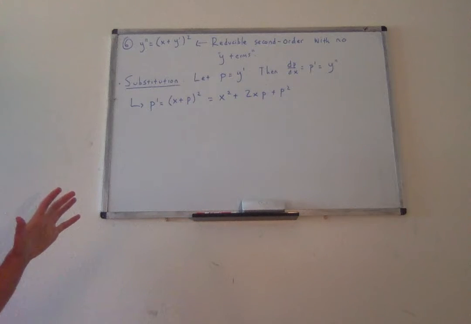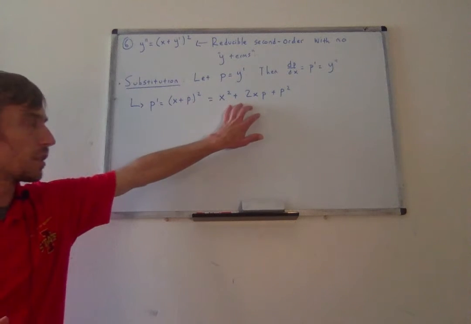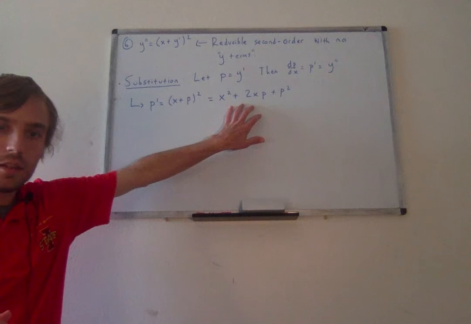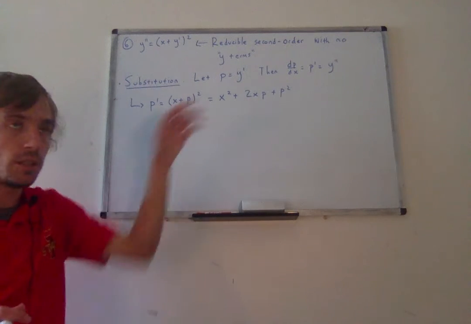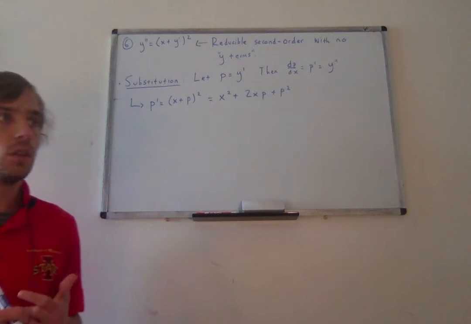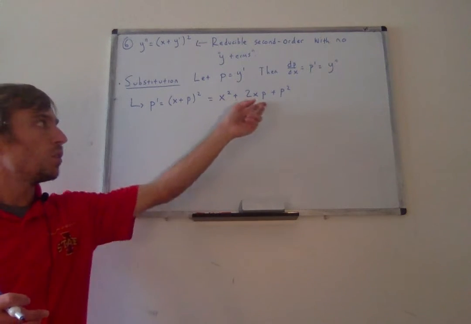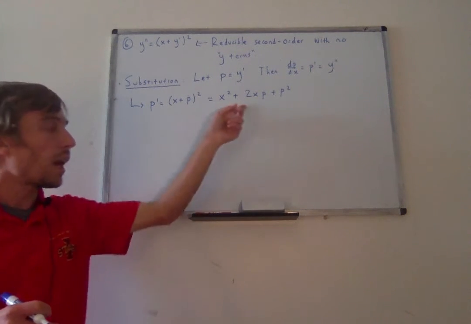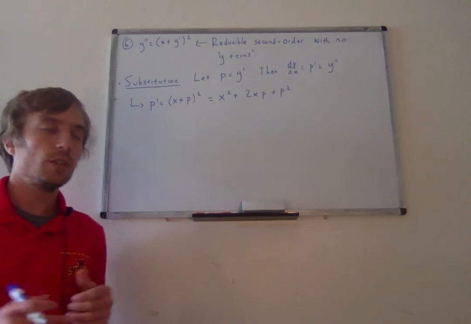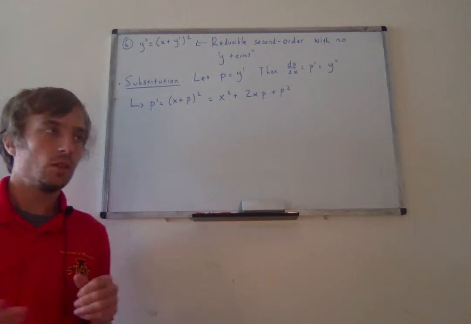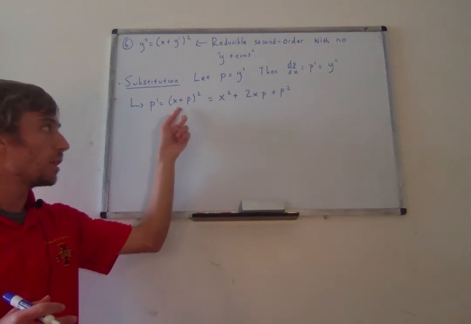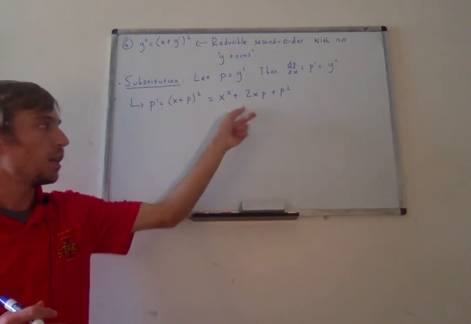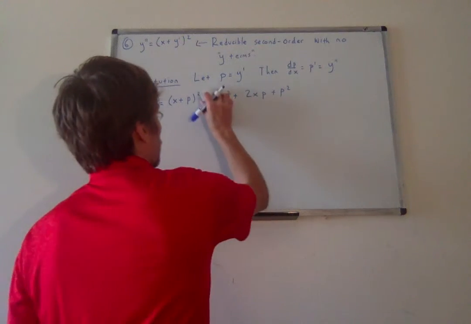I might be wrong, and I might be missing something, but I don't think the more standard techniques we've discussed would solve this. So the way I would solve this, and if you have an easier way of doing it, by all means let me know, is to make one more substitution here. We don't need this expanded version.